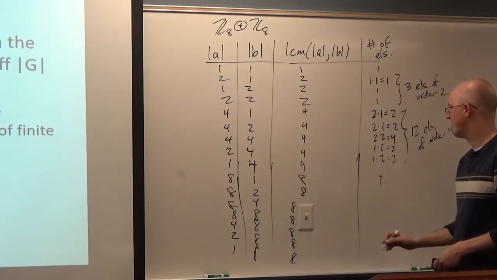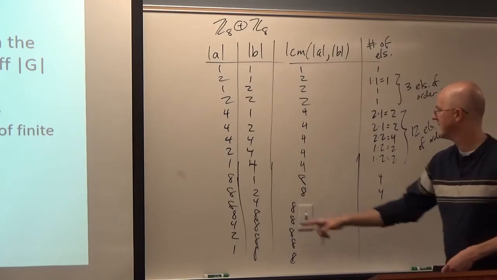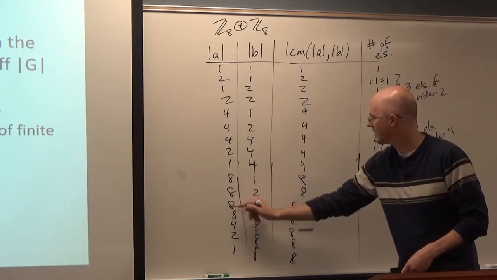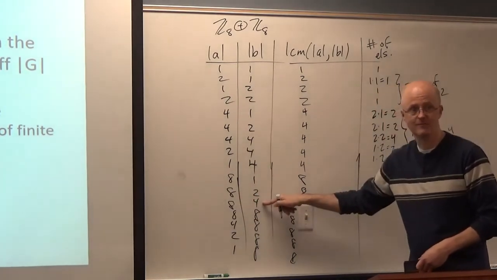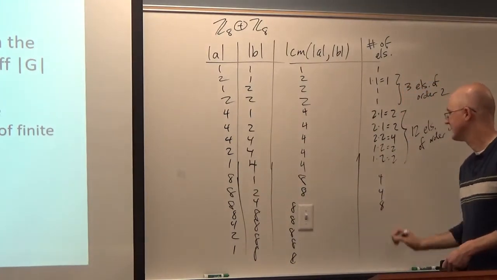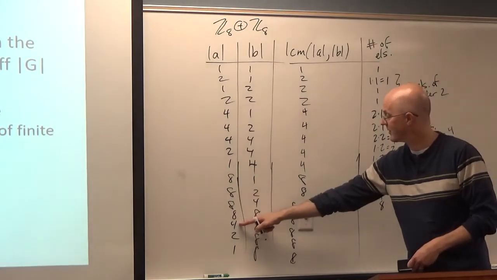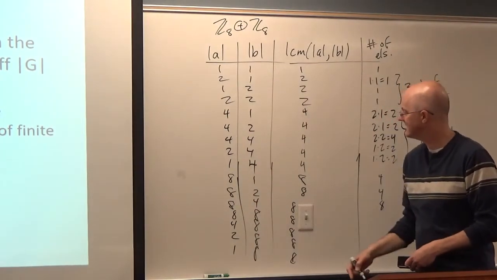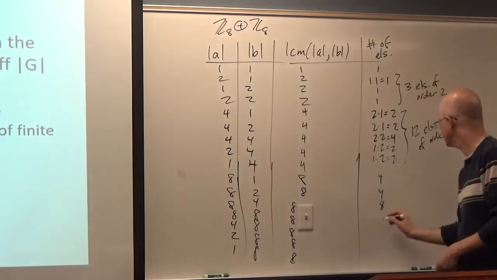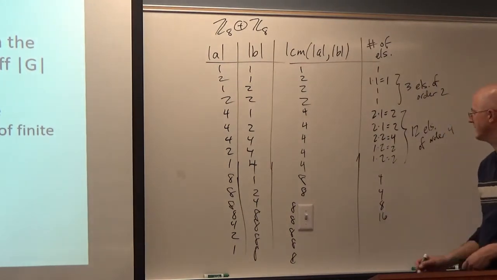4 times 1 is 4. 4 times 1 is 4. Careful. 4 times 2 is 8. 4 times 4. Right? There's 4 elements of order 8 in Z8 in both spots there. So you're going to get 16 elements from that one.